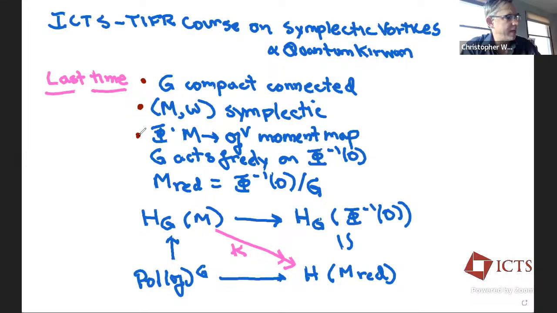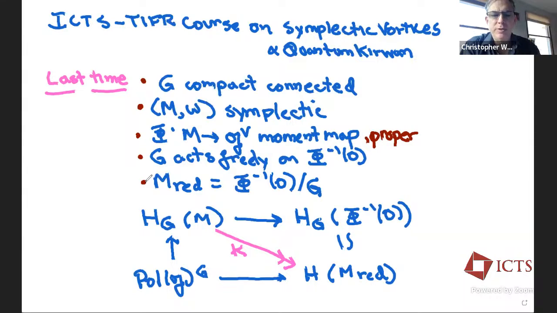Phi was the moment map, so you should assume that either M is compact or the moment map is proper, or something like that. G is acting freely on phi inverse of 0, and M red is the symplectic quotient, and then there's this diagram.